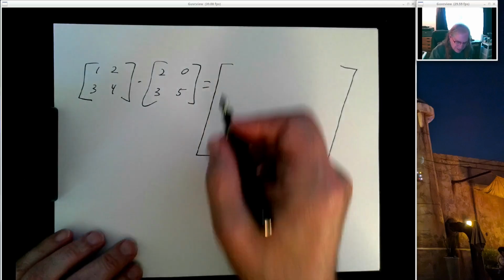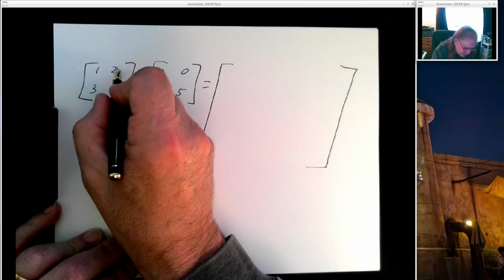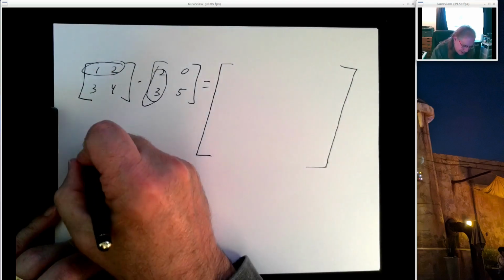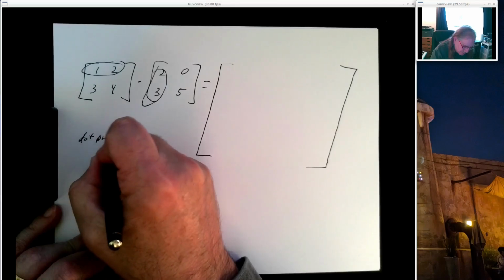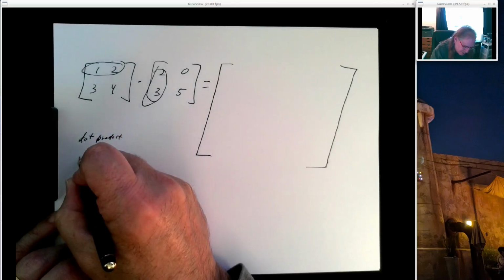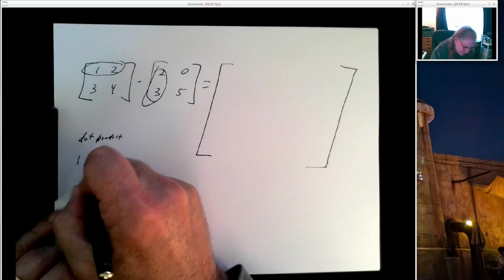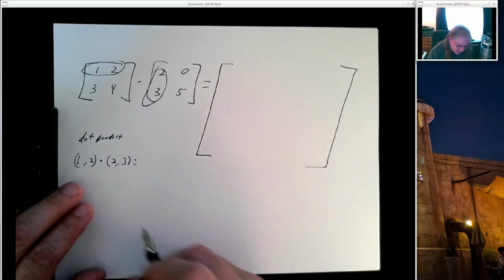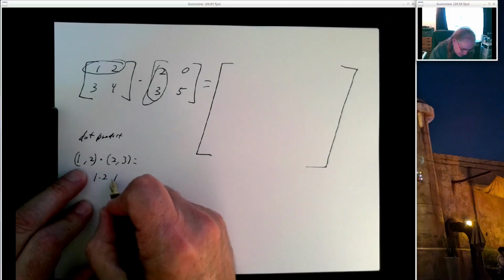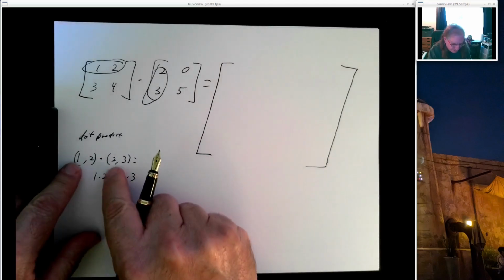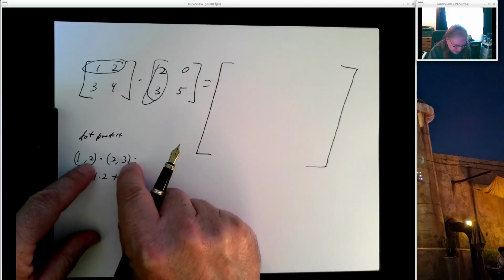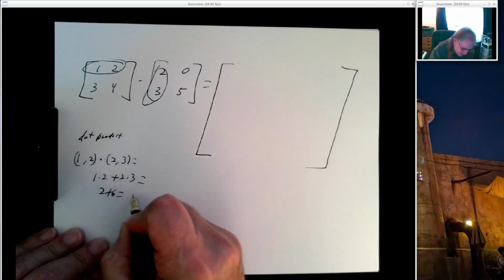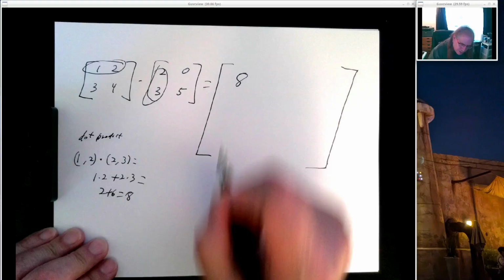And to find the thing in the first row, first column, we take the first row here and the first column here, and we do what's called a dot product. And we say 1, 2, and we dot it with 2, 3. And that gives us 1 times 2 plus 2 times 3. So we take the first things, multiply them, take the second things, multiply them, add them together. So this is 2 plus 6, which is 8. That's the thing that goes up here.